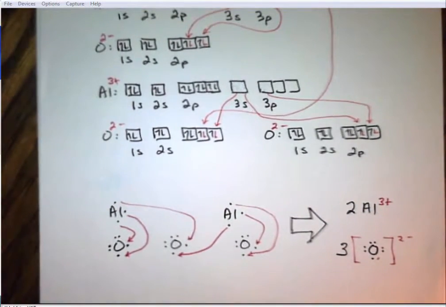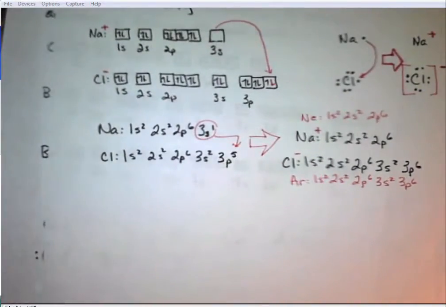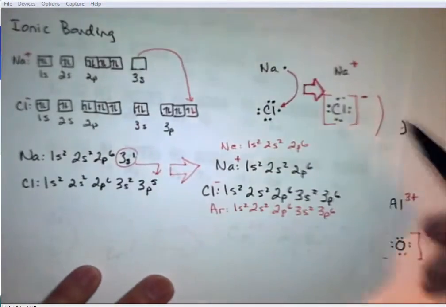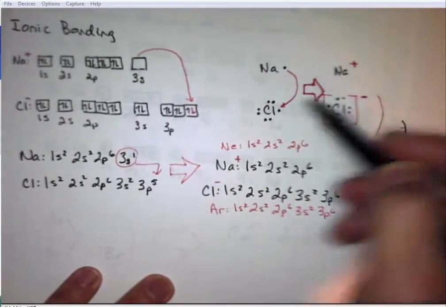Okay. Now I want to go back just a little bit to those other formulas we wrote. Let me find where I did that. Okay, here's one for calcium. Where's the one I did for sodium chloride? Okay, so when we do this process, we end up with 1 sodium and 1 chlorine, 1 sodium, 1 chlorine.